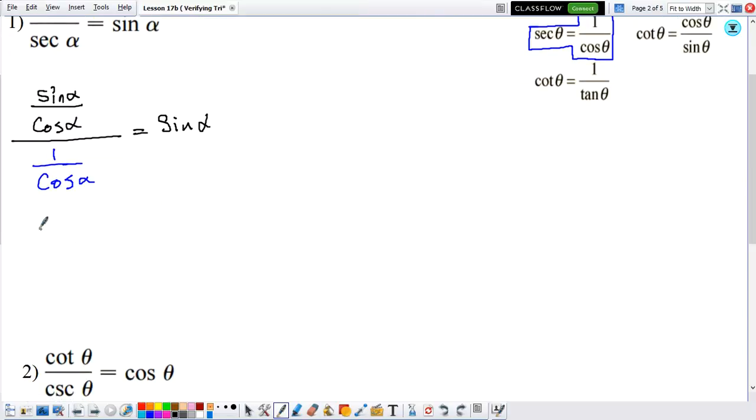So we have sine of alpha divided by cosine of alpha. Instead of dividing, I change that to multiplication by the reciprocal of the denominator, which is cosine of alpha divided by 1, because the reciprocal of 1 over cosine is cosine over 1, and that is still equal to the right side.